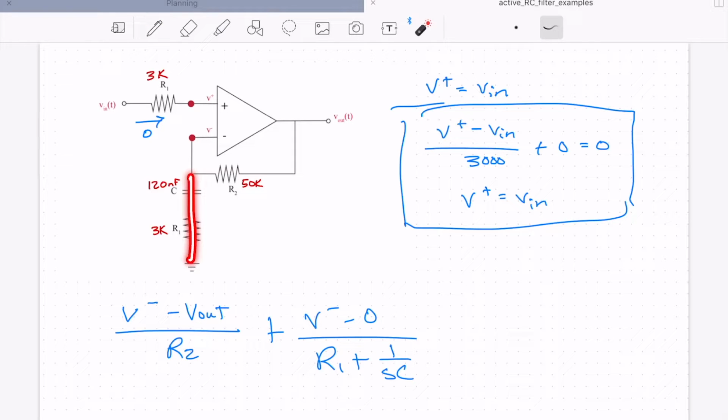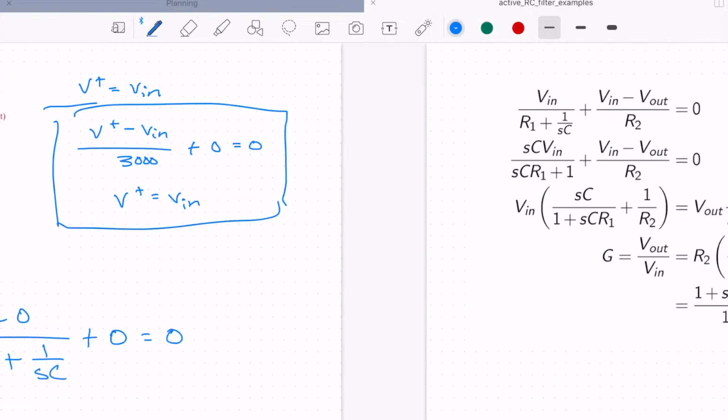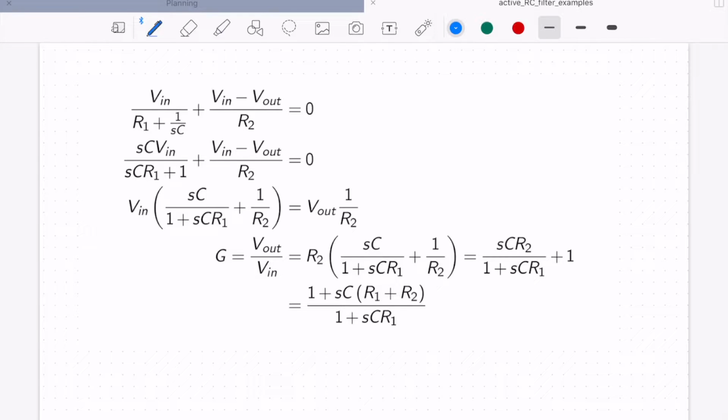That's this current here. And then we add this current here, which is 0, and that's equal to 0. So now we can go ahead and manipulate this. Remember, of course, that V minus is equal to V plus, which is equal to Vn. And we end up with this equation by just making that substitution.